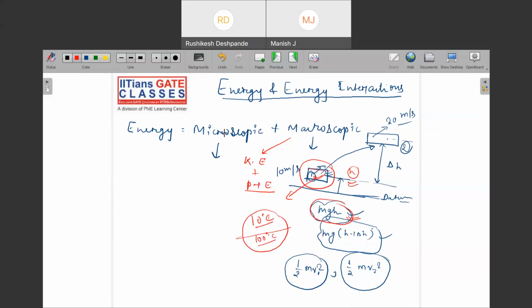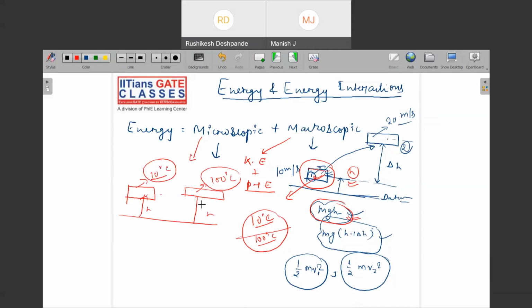Got the idea? But what is meant by microscopic? Let us say that you are having a certain temperature, right? When I am changing your temperature at the same elevation, see this is H, and at another instant, initially this was at 10 degrees Celsius, but now you have reached 100 degrees Celsius, now your macroscopic energy is constant.